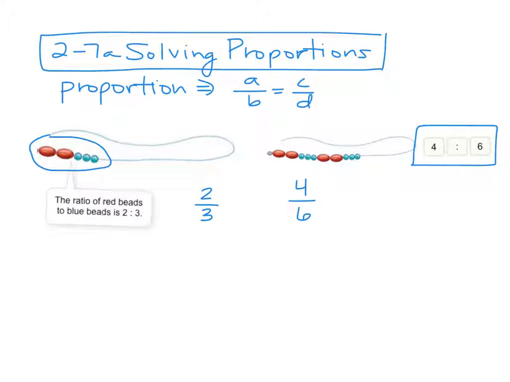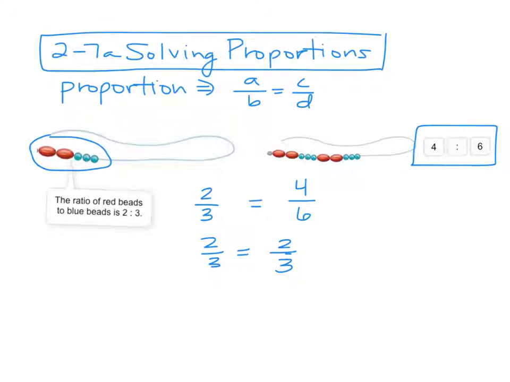It reduces to 2 over 3. Those are equal. It is a proportion. They are equal rates, equal ratios. So 2 over 3 is equal to 2 over 3. That's a proportion: 2 over 3 equals 4 over 6.